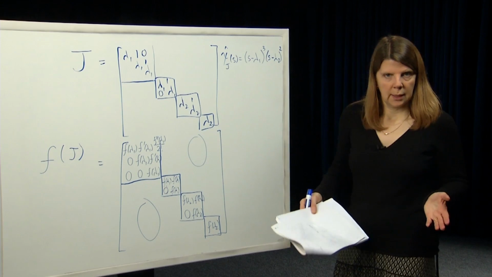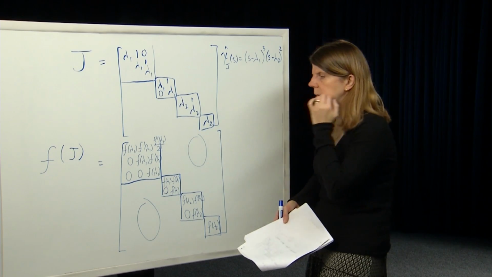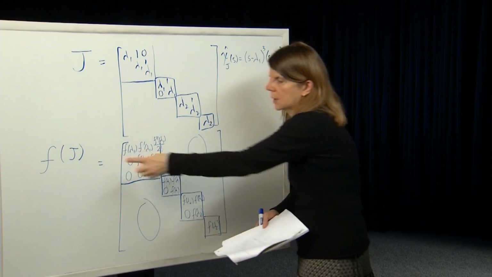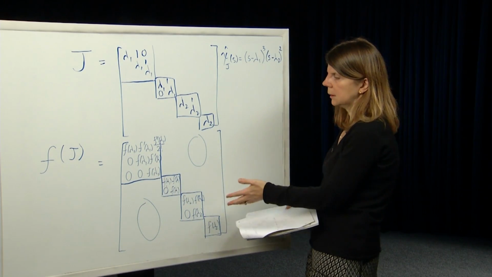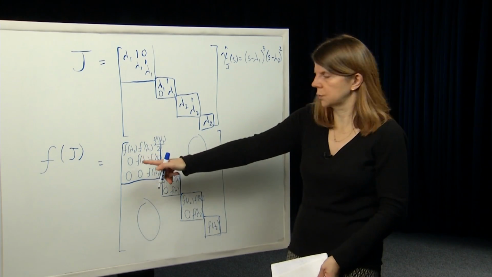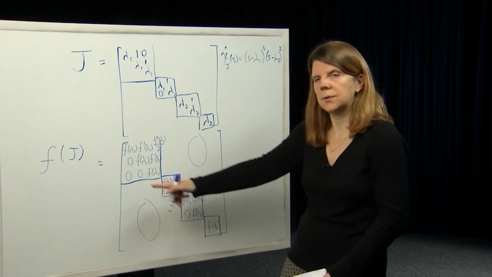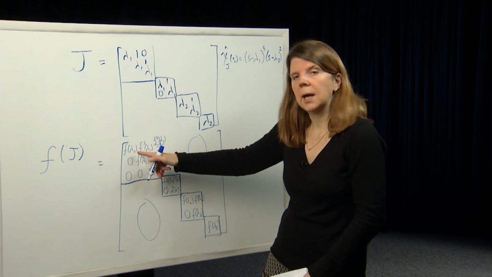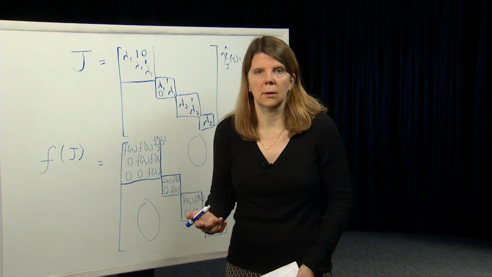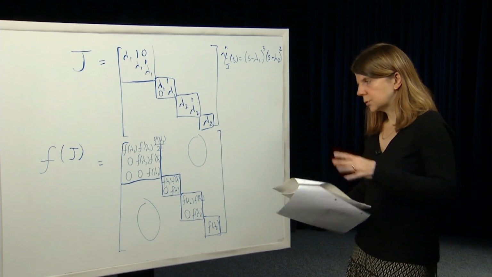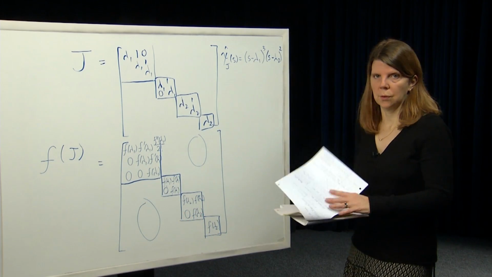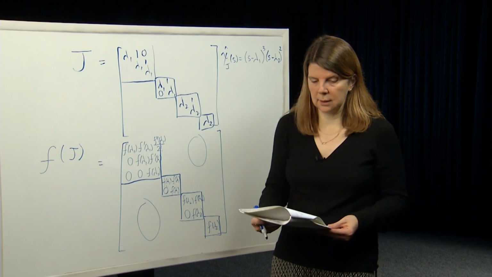It's an upper triangular matrix in general, and so the eigenvalues of this matrix f of J are just the diagonal entries. So we see immediately in this Jordan form and the function of the Jordan form that the eigenvalues of f of J are just f of lambda i, where lambda i are the eigenvalues of the matrix J. This is true in general for Jordan forms, and of course in the special case of a diagonal form.